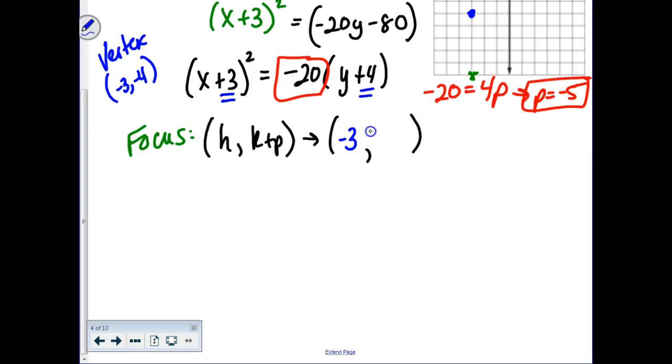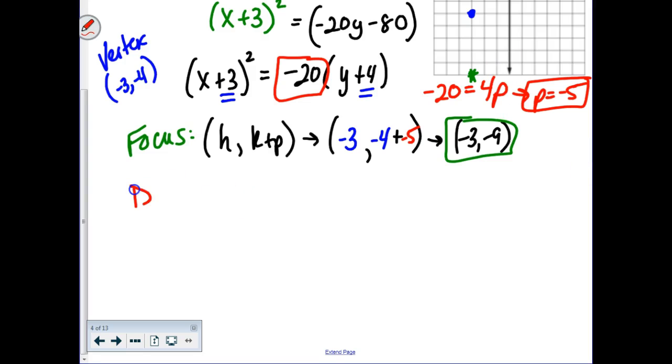And then k, which is -4, plus p, which is, oops, careful, -5. Watch your negatives on this one. This is why I like to graph and then also confirm the formula, because if you have a negative mistake, you're going to find it here. Hopefully. So this focus point comes out to -3, -9, which I think is exactly where I plotted it. This little green star down here was at -3, -9.